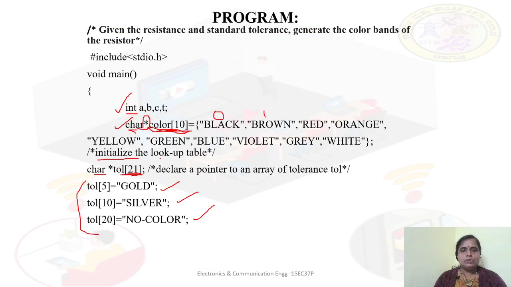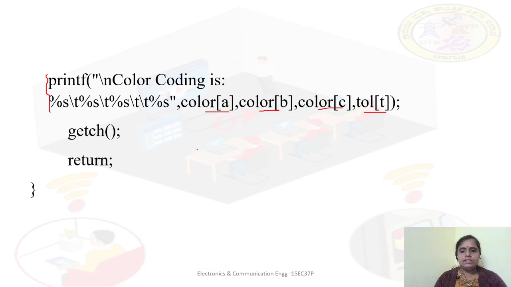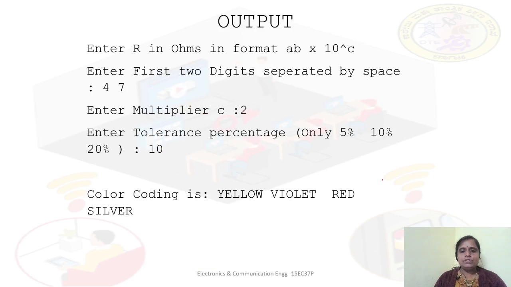If I go back to this lookup table, see 4. 4 stands for what? It is 0, 1, 2, 3 and 4. 4 stands for yellow. Then 5, 6, 7. 7 stands for violet, isn't it? Yellow and violet. If you just see the output here, we have the first two numbers related to your 4. Related to your 4, I have yellow. Related to your 7, I have violet.